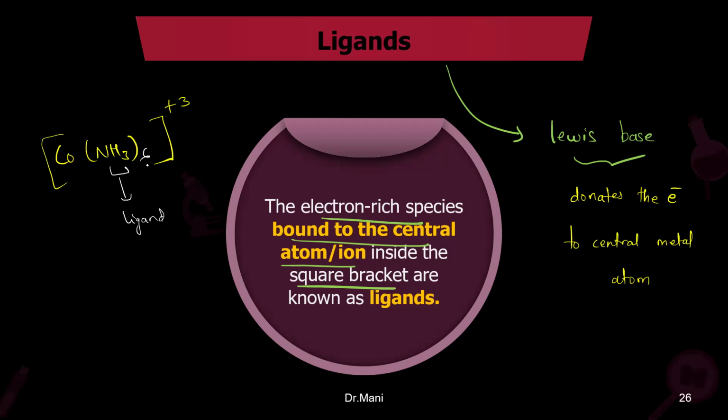Sorry, this is actually 6. 6 ligands are there. And what is the central metal atom? Here, cobalt. This cobalt is having Co3+. And the ligands contribute an overall charge of 0. We'll be seeing the overall charge calculation, all those things. Is that clear?